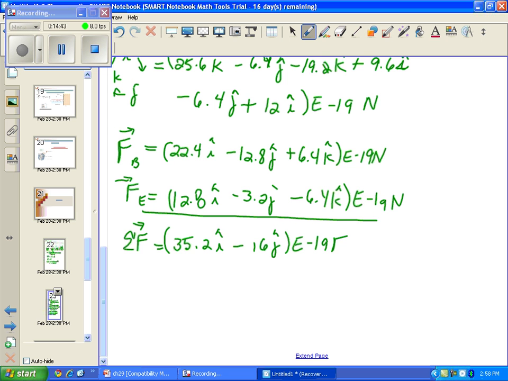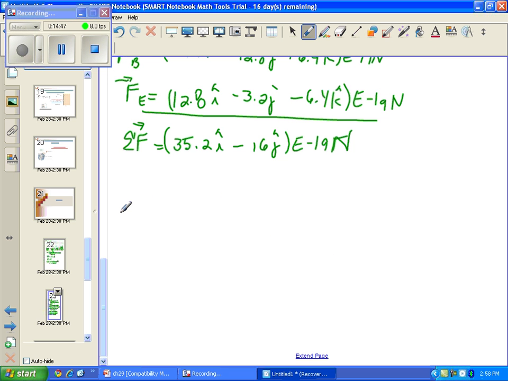Now, the next part, okay, the unit here is the newton. The next part says, determine the angle that this force makes along the x-axis. Well, let's see. We have an x component which is positive in the positive x direction, a y component which is in the negative direction, so negative y.